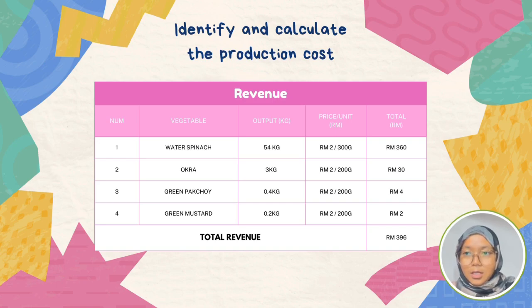In summary, the total revenue from selling these vegetables is RM396. This breakdown helps us understand the income generated from each type of vegetable and how they contribute to the overall revenue.